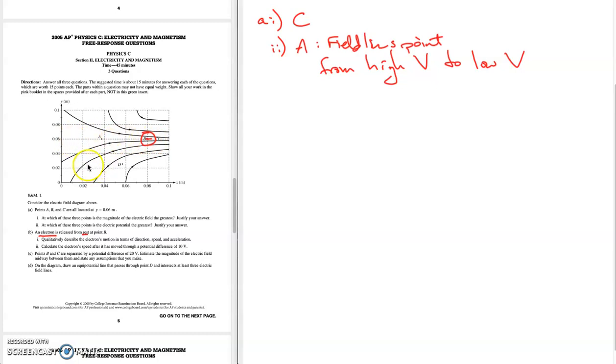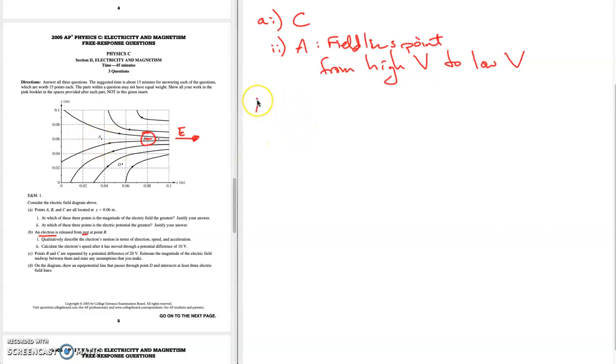And you can see that below 0.06, the field lines point up a little bit, and above they point down a little bit. So the electric field at 0.06 probably points entirely to the right, all along there. That would be our asymptote. So an electron placed there is probably going to stay at y equal to 0.06, but it's going to move in the opposite direction and it's going to accelerate.